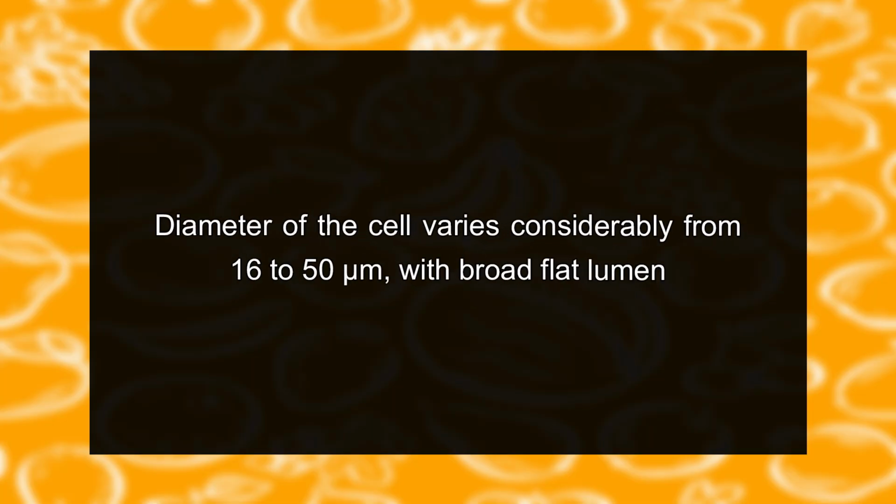The diameter of the cell varies considerably from 16 to 15 micrometers with broad flat lumen. The length of the individual or elementary fibers ranges from 2 to 90 millimeters with an average of 15 millimeters.